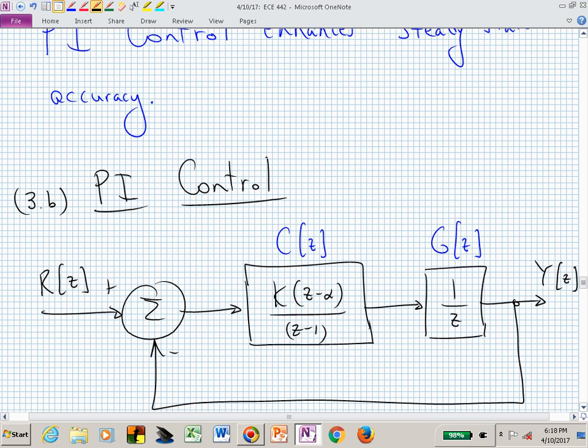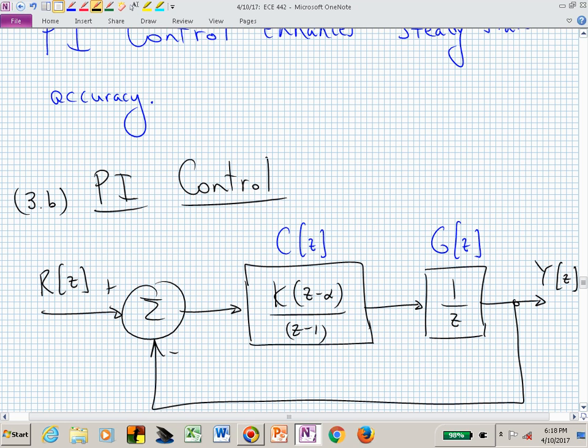But I'm fixing a pole at z equal to 1. That's a consequence of the PI controller. And you know the drill. We're going to slide that z minus alpha over and the z minus 1 over, and create a G bar. And now we're good to go.